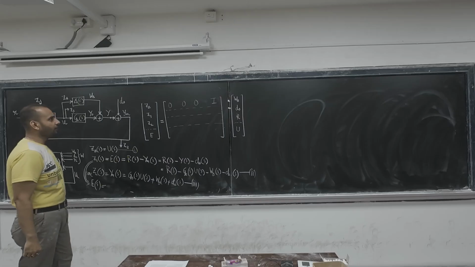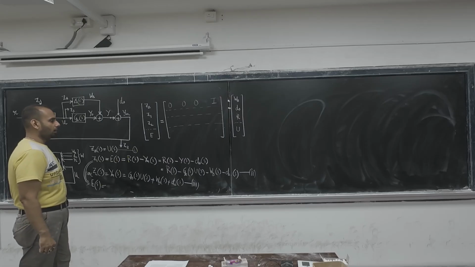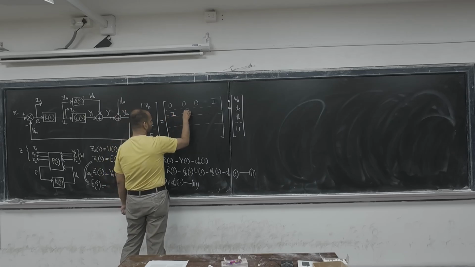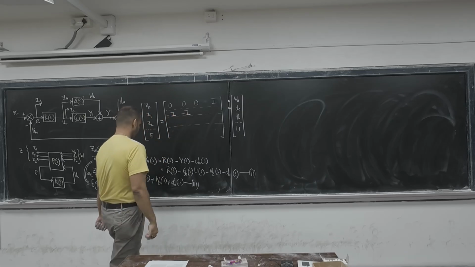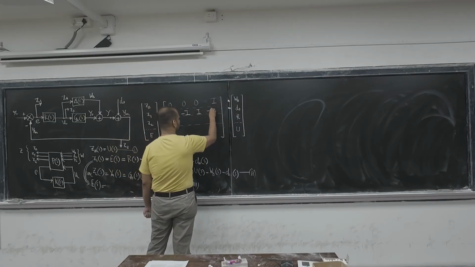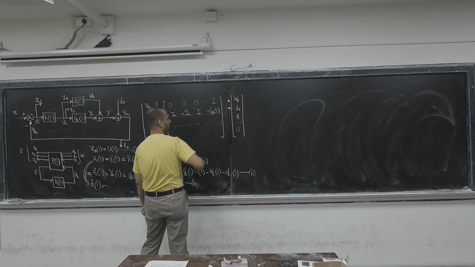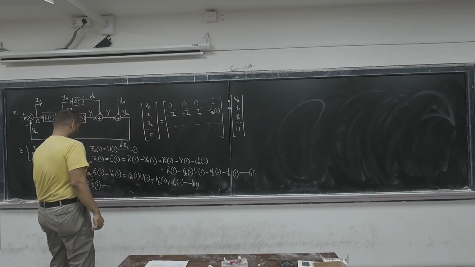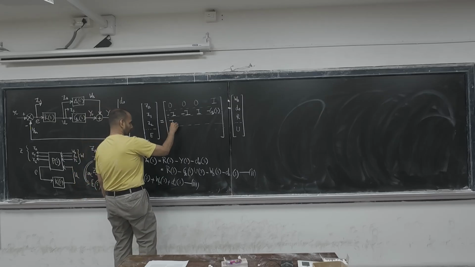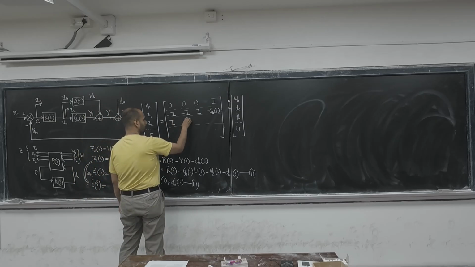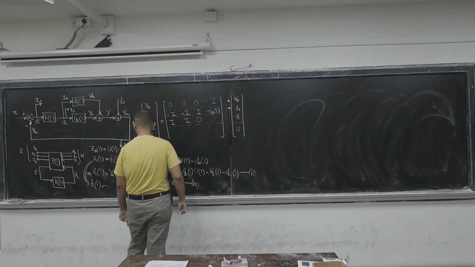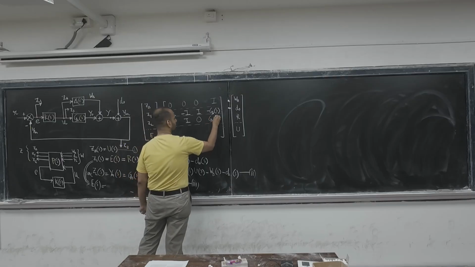So Z1 is going to be minus I with respect to R, so plus I, and then minus G0 of S. Then Z2, this one. So I, then G0, another I. After that you don't have anything from R, so it is 0, and then G0 of this.